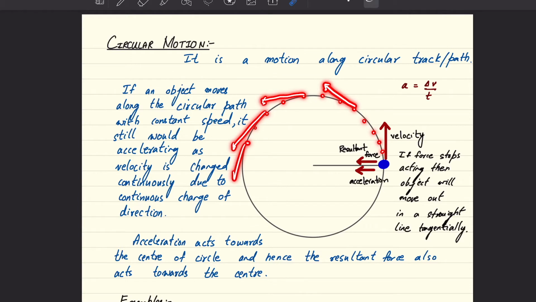And hence, that is causing the body to accelerate. We call this acceleration centripetal acceleration. The velocity is changing and there is an acceleration, and that acceleration always acts perpendicular to velocity and inwards of the circular path.